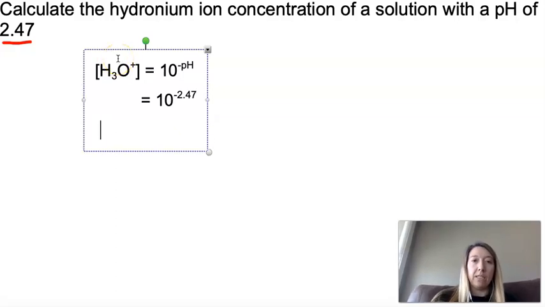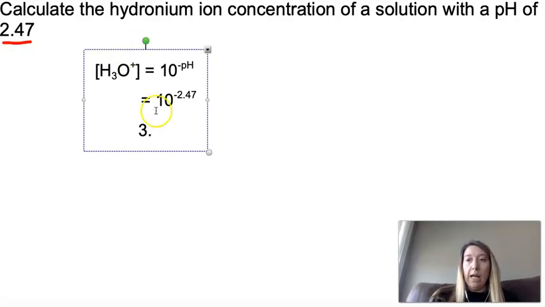And you should be able to get an answer out of that, which is going to be, I'm still in superscript mode, hold on a sec, 3 point, how many sig digs do we have here? Okay, so going back to those sig digs before I write down this answer, remember pH numbers are weird. So this is 2.47. There's the 4 and the 7 after the decimal, which means this has 2 significant digits.